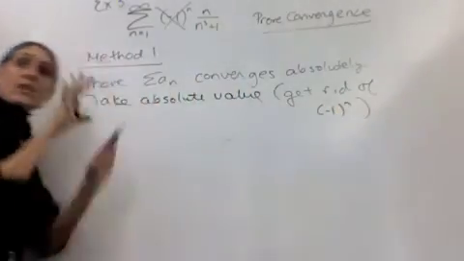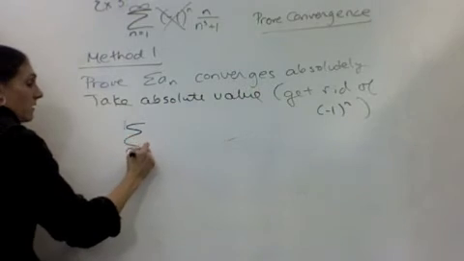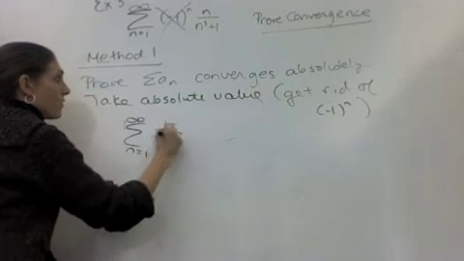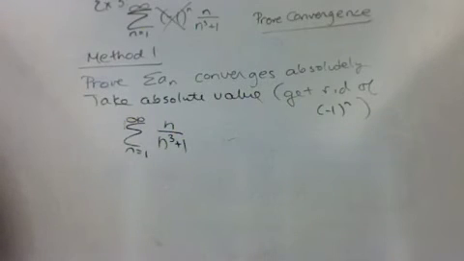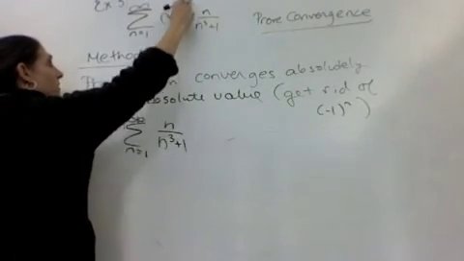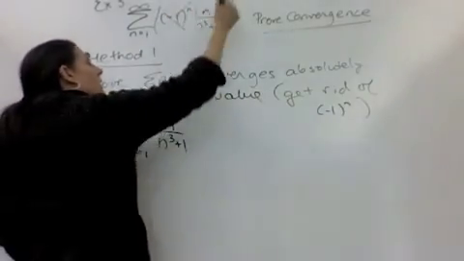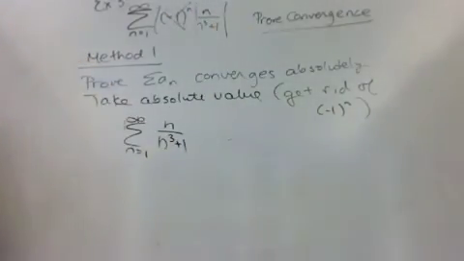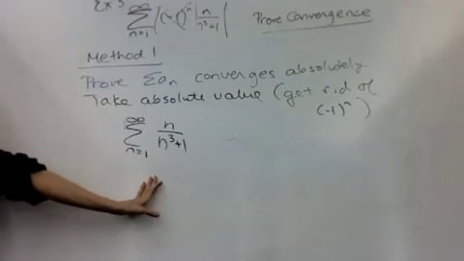We're going to disregard it. Let's see what happens. n over n cubed plus 1. So I just take the absolute value of this whole thing, right? That negative 1 is no longer an issue.